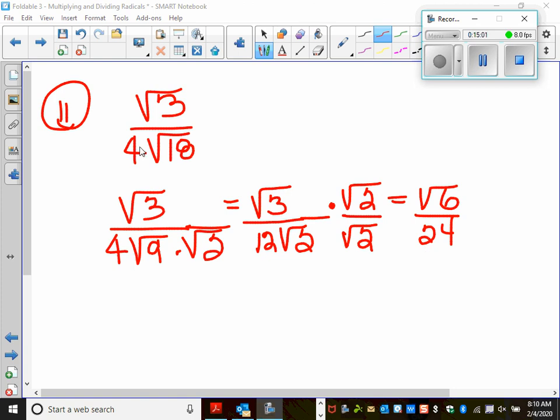So what I did first was I took the 18 and I took it to 9 times 2. Took the square root of 9 out, which is 3. Multiplied it by the 4, and I got 12 rad 2. Okay, I can't leave the rad 2 here, so I multiplied by rad 2. 3 times 2 is 6. Take the square root of 4, which is 2, multiply it by the 12, and you get 24. Okay, any questions?